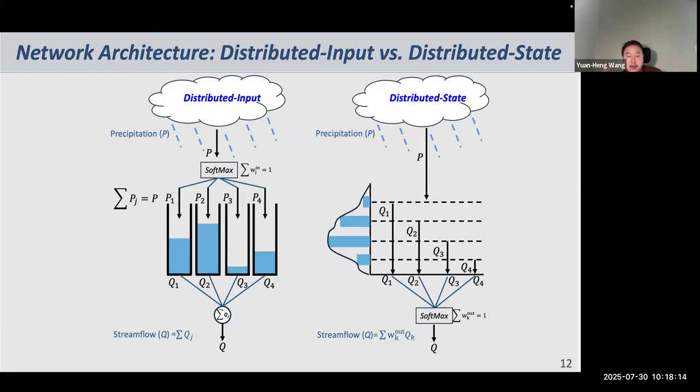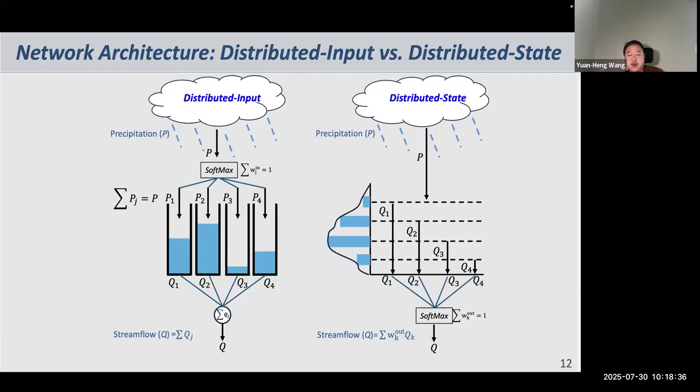We arrange multiple MCPs in parallel, allowing the network to form a more flexible and expressive function to approximate the rainfall runoff dynamics. At the output layer, we apply a softmax function across all flow paths, which ensures that the resulting weights sum to 1 to ensure a mass balance.